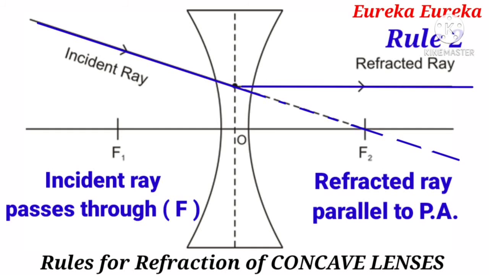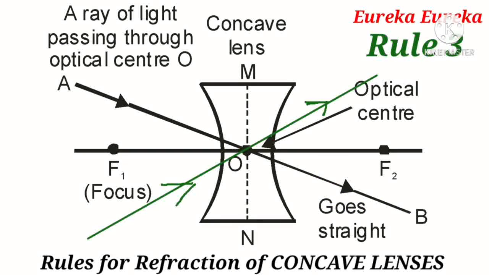Secondly, when the incident ray passes through the focus, the refracted ray is parallel to the principal axis. And the third rule is, when the incident ray passes through the optical center, the refracted ray remains undeviated, that is, it does not change its direction. These three rules of refraction are important to study the ray diagrams or the image formation by concave lenses.